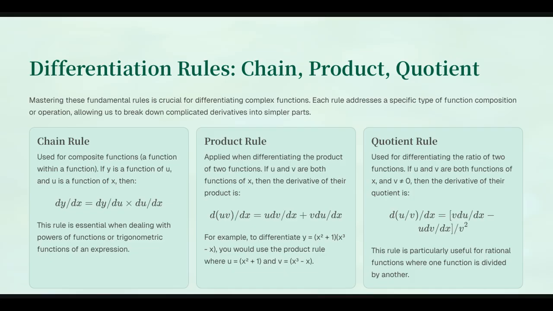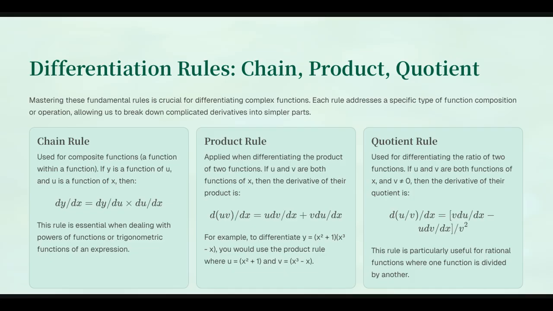Applying product rule, as the name implies, is when we have products, right? It's when you have two functions multiplying each other. So if u and v are both functions of x, then the derivative of their product is u dv/dx plus v du/dx. For example, to differentiate y equal to (x squared plus 1) times (x cubed minus x), you see we have two functions here multiplying each other, right?